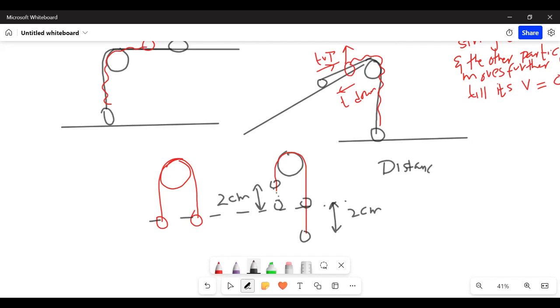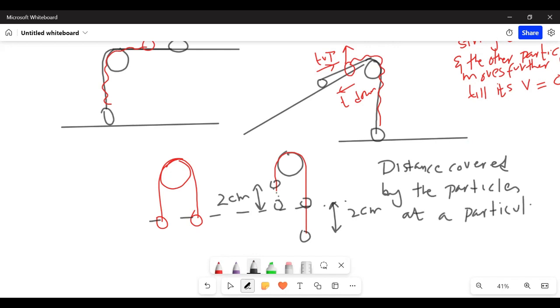Distance covered by the particles at a particular instant is equal. Okay, I hope that's everything.